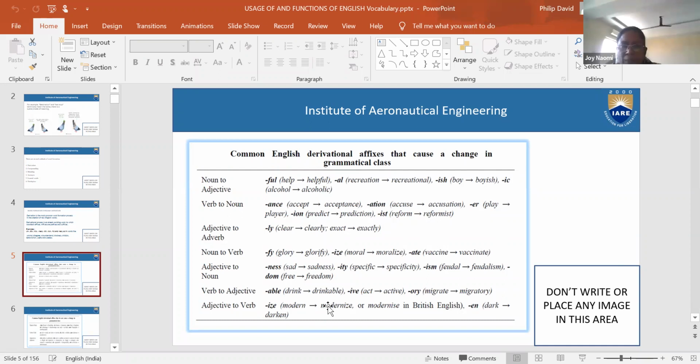I need some help. Help is a noun. If you add a suffix, it gets changed to an adjective. Recreation is a noun. If you add al, it becomes recreational. Boy, boyish. Alcohol, alcoholic. Please continue reading now.